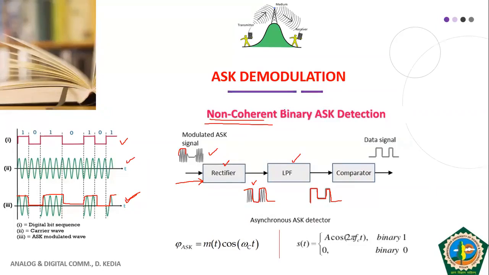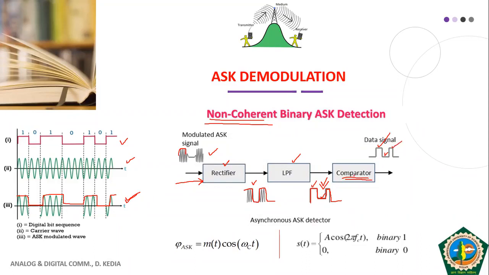I told you that we are simply concerned with whether a pulse is present or absent. So by looking at the different levels that I get, I'll compare those levels with my threshold level with the help of a comparator. If the value of a given level is more than the threshold level, I'll take that bit as 1, and if the value is below the threshold, I'll take that as 0.